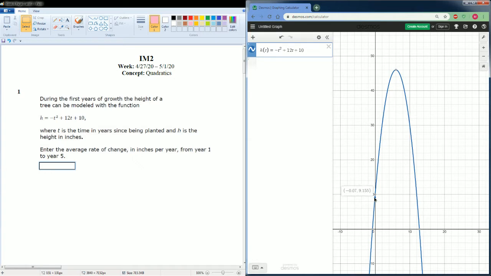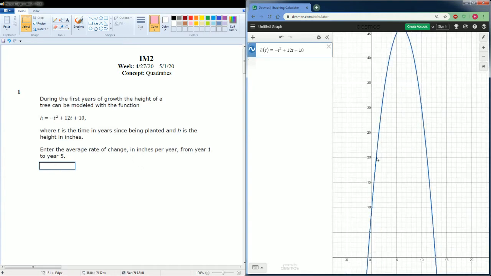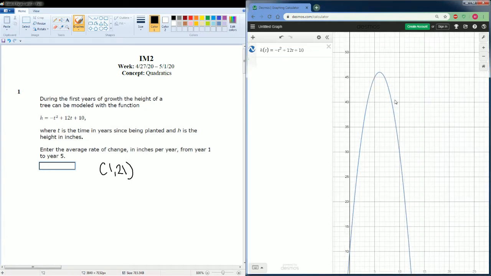Year 1 is right here. Let's just zoom in so we can get year 1. Year 1 is at 21. So the first point is 1, 21, and the second point, the question said at year 5.